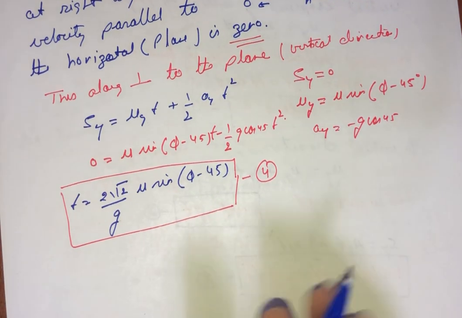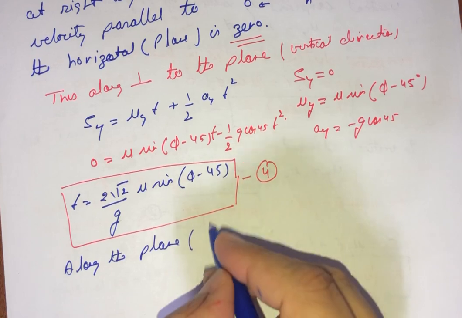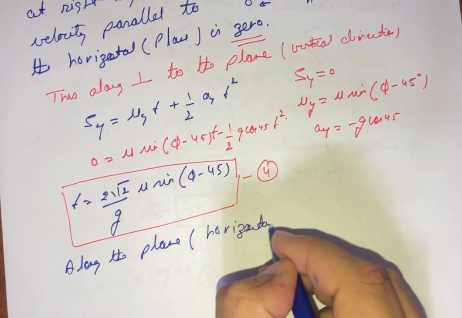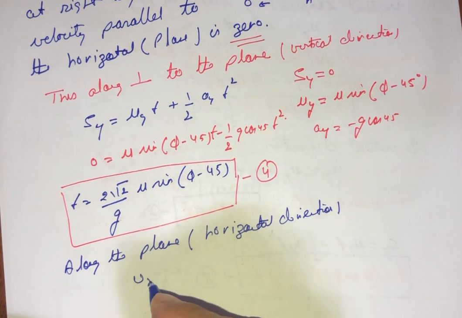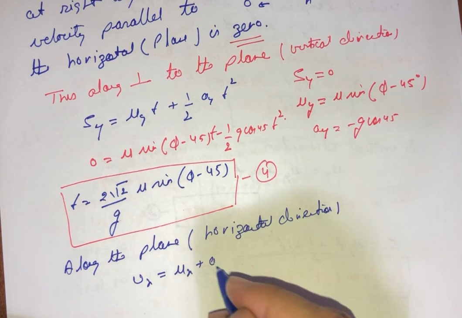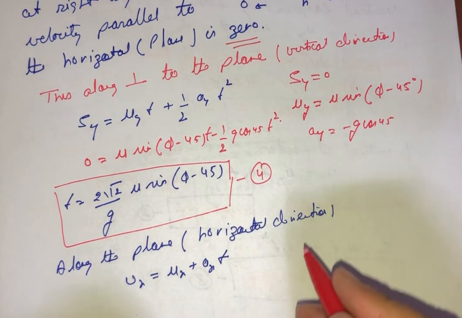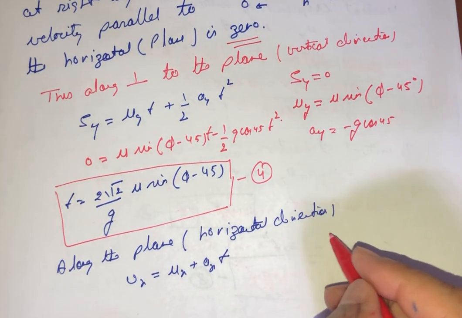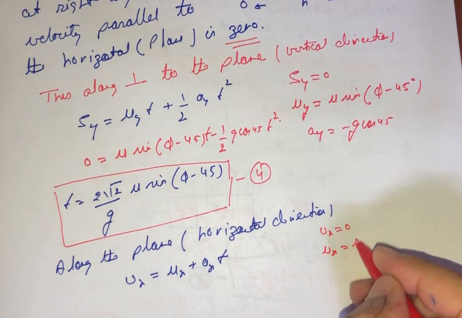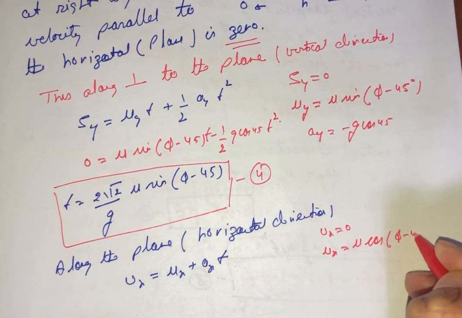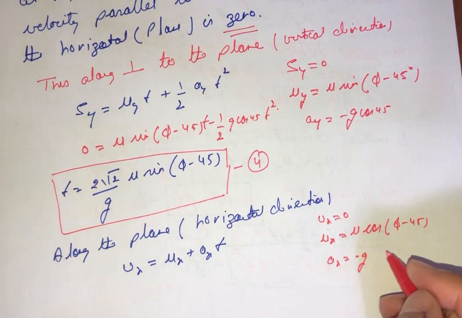And along the plane, which basically means in horizontal direction, we can say that Vx is equal to ux plus ax multiplied by t, and in the horizontal direction, or we can say parallel to the plane, Vx will be equal to 0, that is final velocity at point P. ux will be equal to u cos of phi minus 45, and ax will be equal to minus g sine of 45.